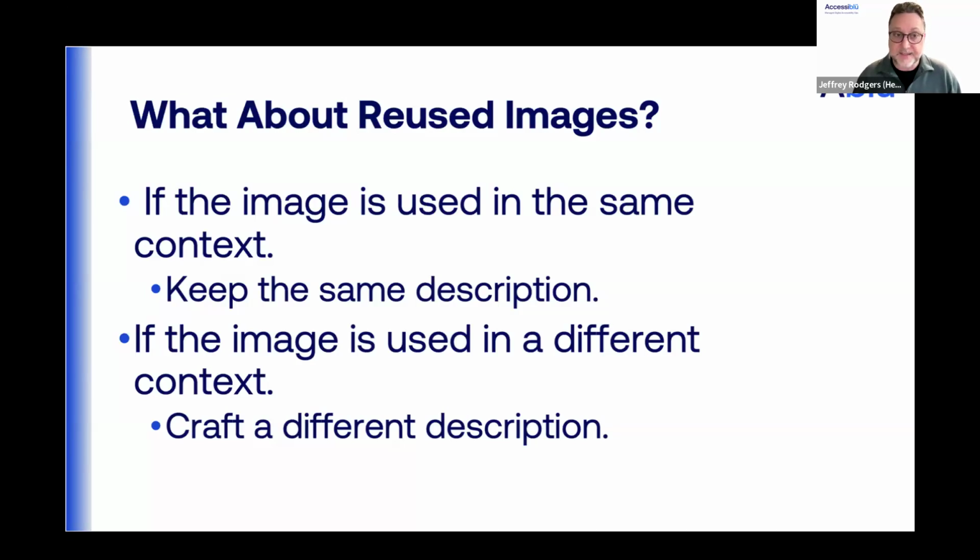If the image is used in the same context, you could keep the same description. But if you're going to use it in a different context, then it could require a different description. In some cases, you might have one basic description for an image, but in another context, you might need to provide additional information or details.